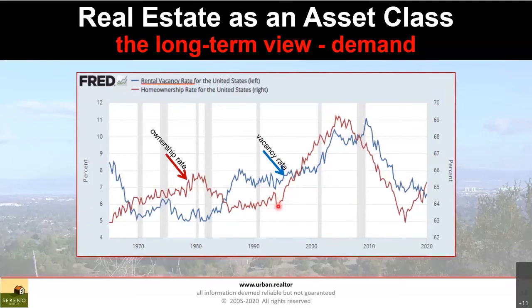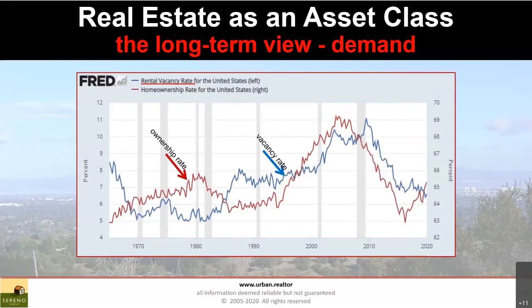So anytime more people can buy homes and own them, we see that the vacancy rate goes up, because those people who can buy are leaving the rental properties, and if there is not enough demand or enough growth, then the vacancy rate rises.